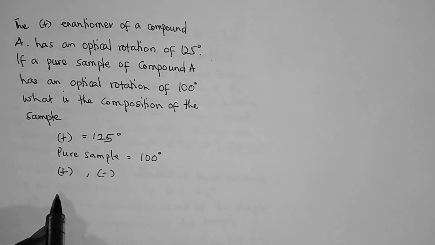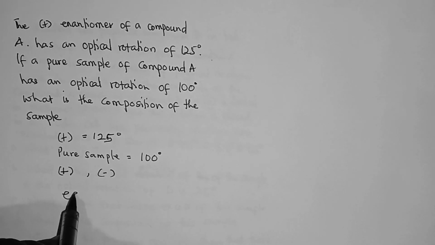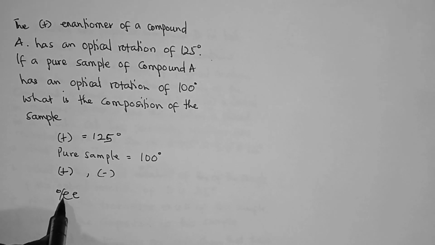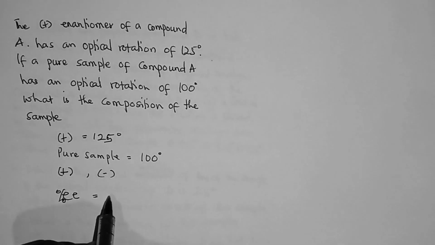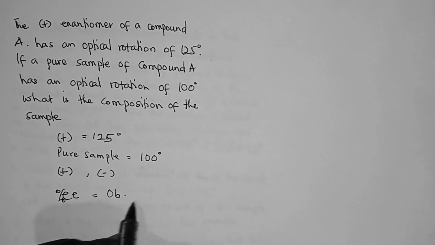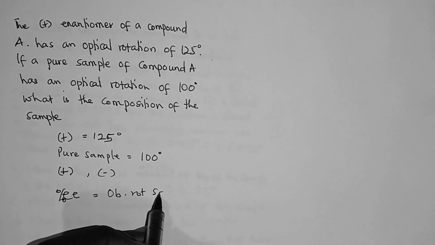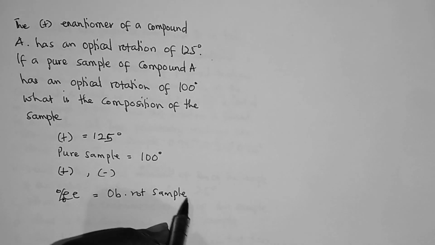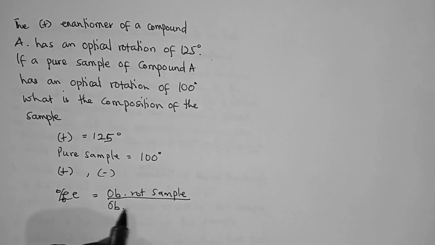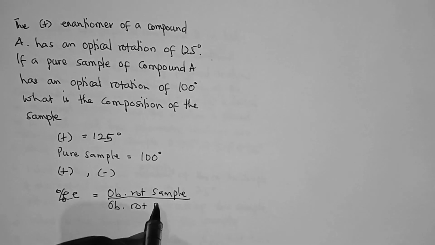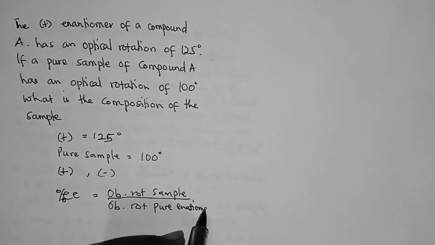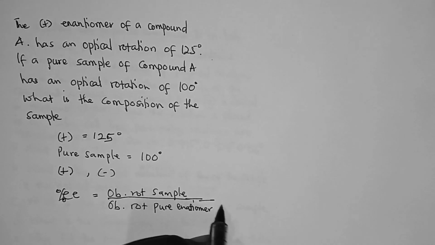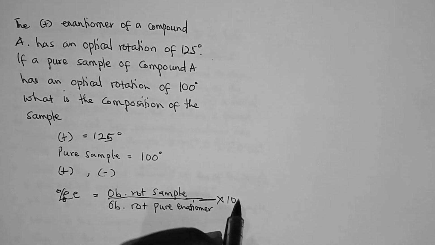But we can do this by first finding the enantiomeric excess. So the enantiomeric excess, percentage enantiomeric excess, is equal to the observed rotation of the sample divided by the observed rotation of the pure enantiomer times 100%.